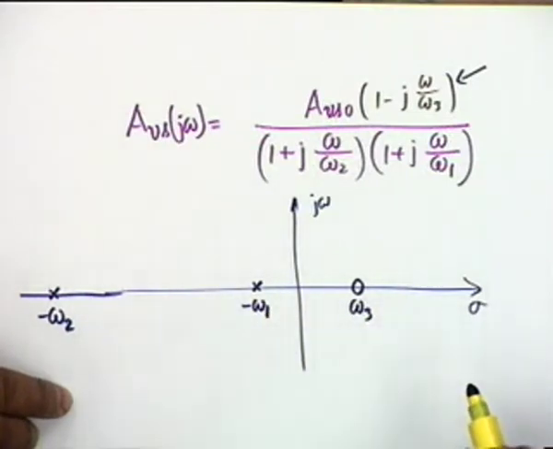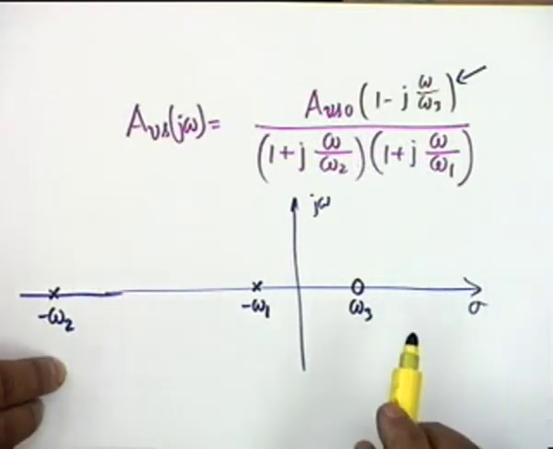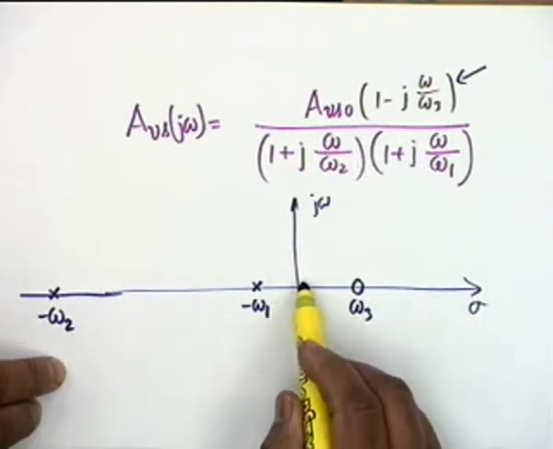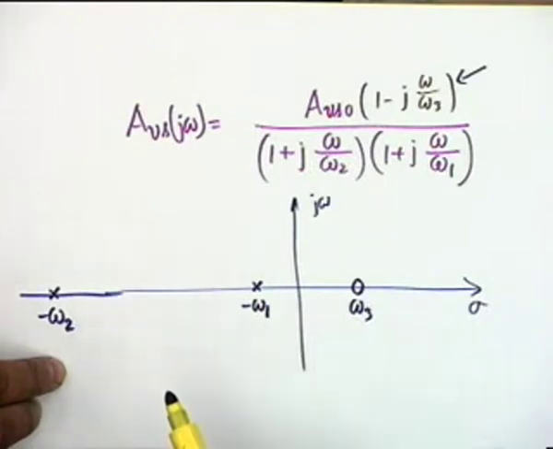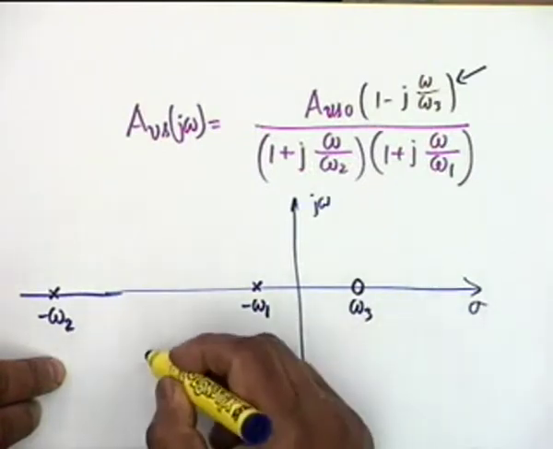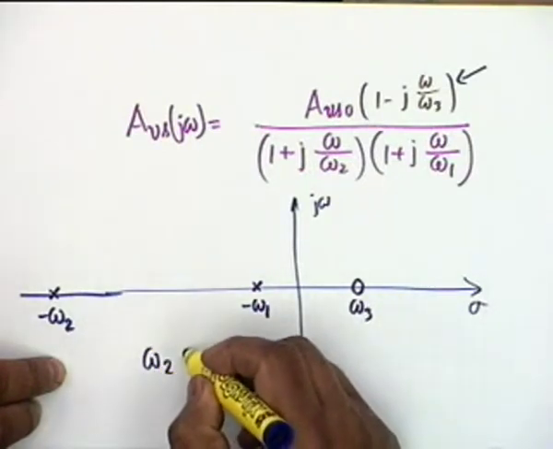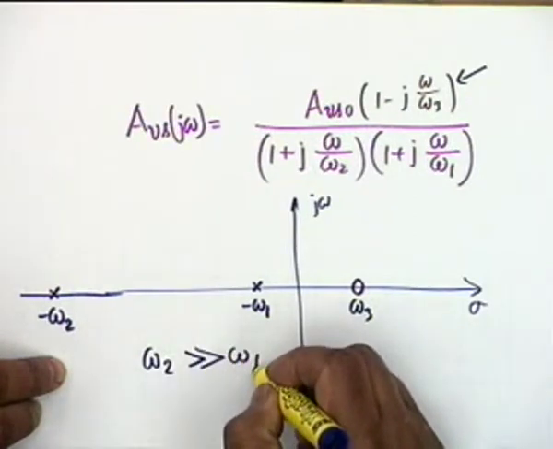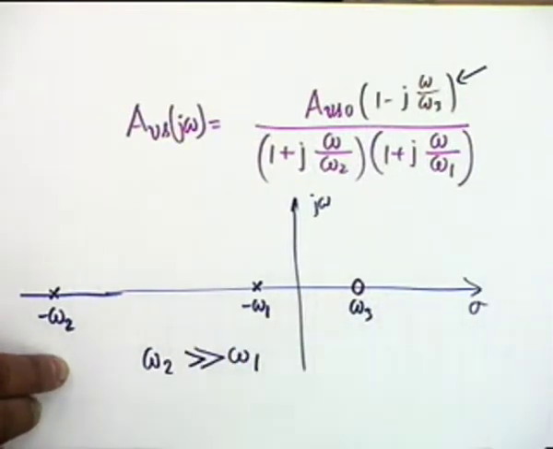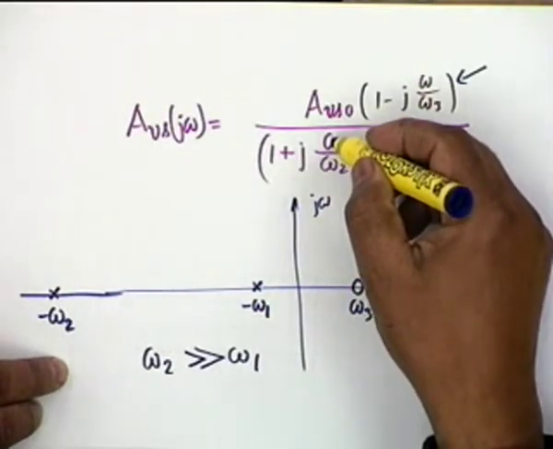I have intentionally shown omega 1 closer to the origin than omega 2. We shall indeed show that omega 2 is usually much greater than omega 1. Now, j omega is to be replaced by s.